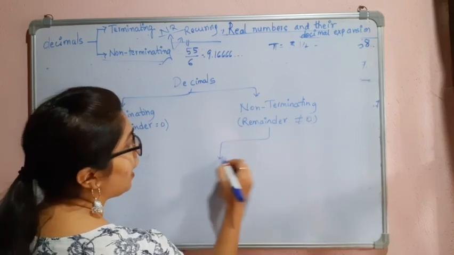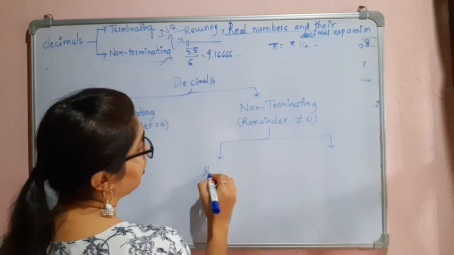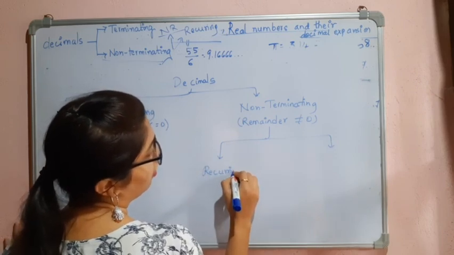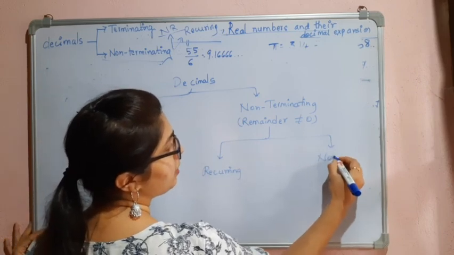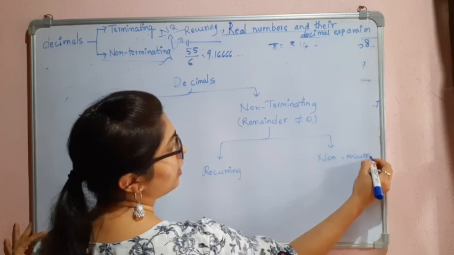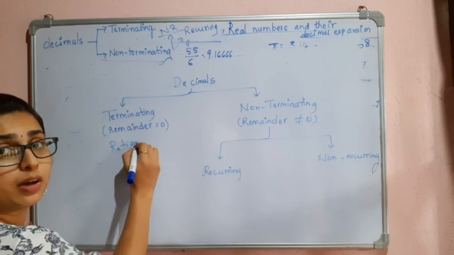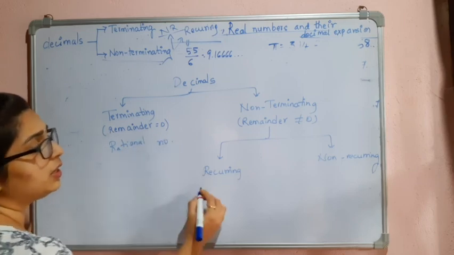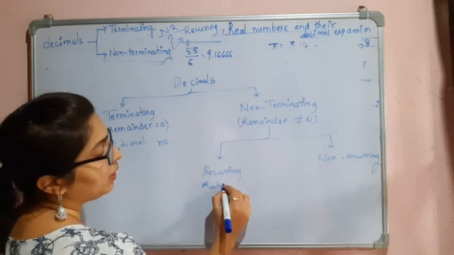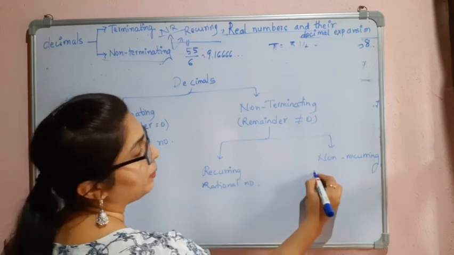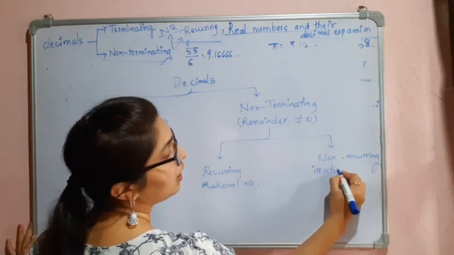Once again we have recurring and non-recurring decimals. Here obviously this is a rational number, this is a rational number, but in this case it will be an irrational number.